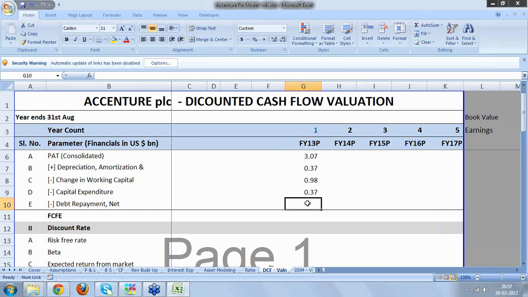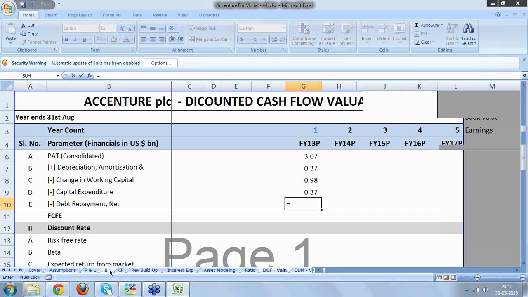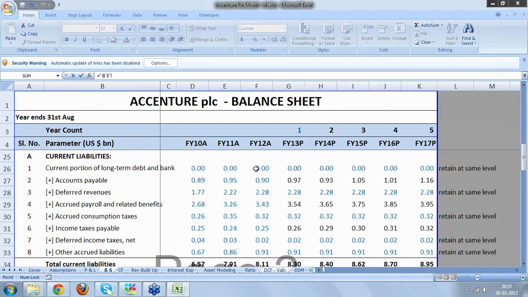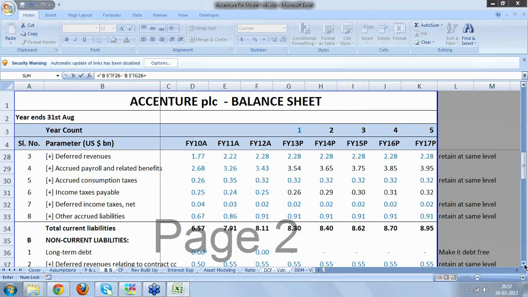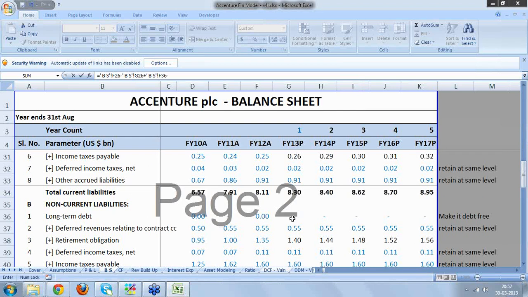So debt repayment, I was sitting on debt repayment. I'll say this equal to, I go to my balance sheet, I'll pick up the current portion of debt minus this, plus similarly I'll pick up the long-term debt minus this.